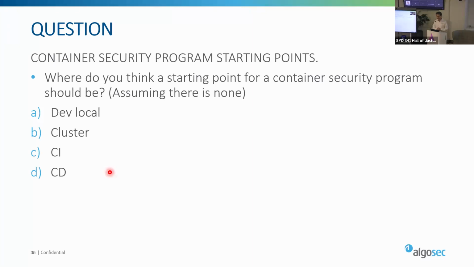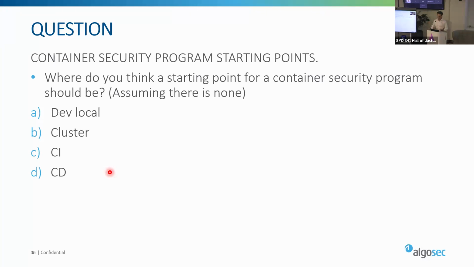That's right. Well, I think this is the right question. If you have none, then you always start with the root, because you need to assume that whatever is running already is potentially in a state that you cannot control. You don't know the sprawl, you don't know if there is shadow IT.